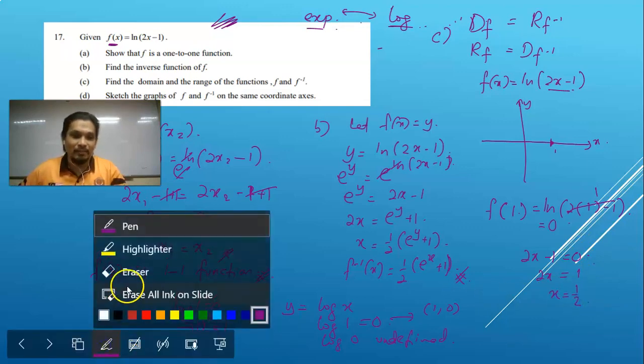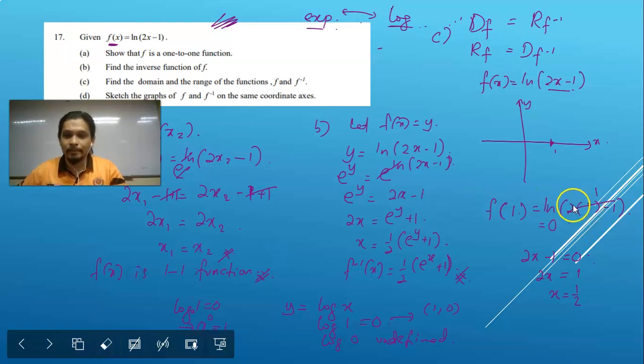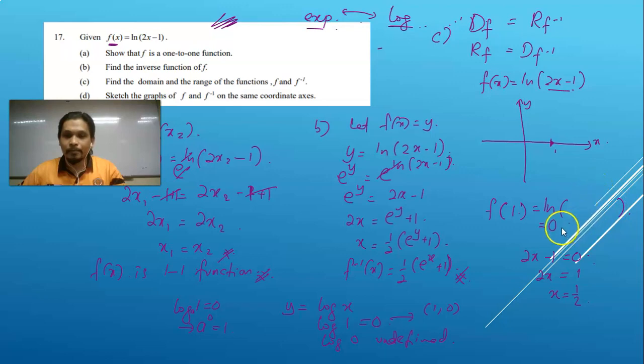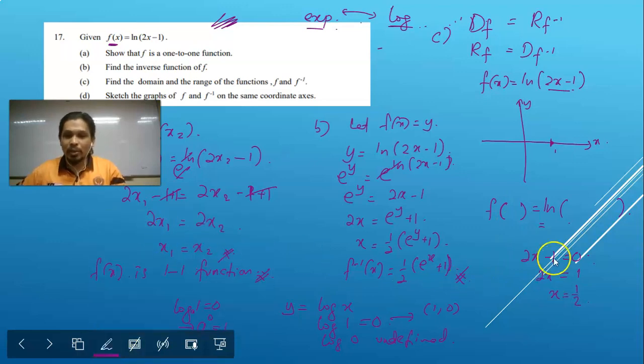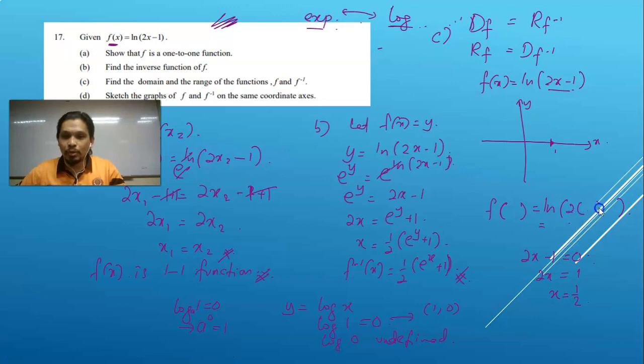Okay, let's say I substitute x equal to half, 1 over 2 here.